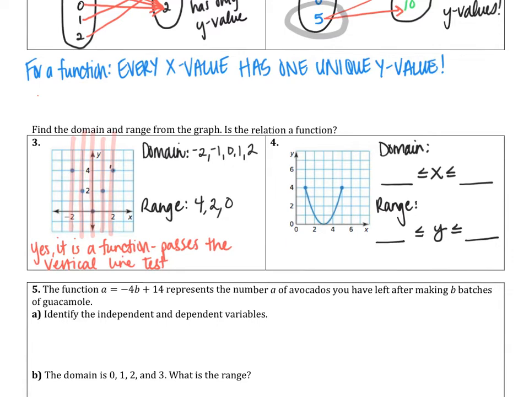So what we're saying is that for these x values, the function has a domain between 1 and 5.